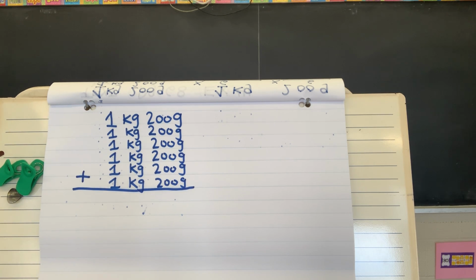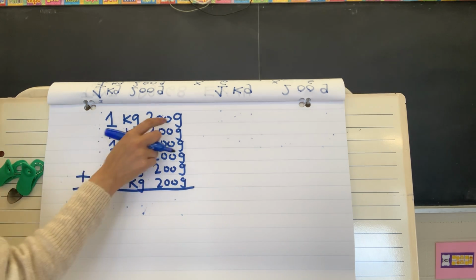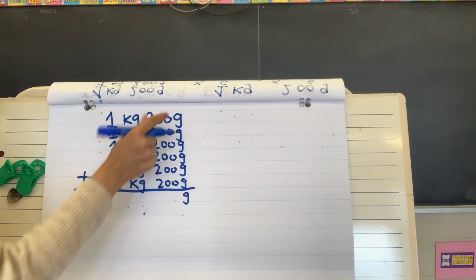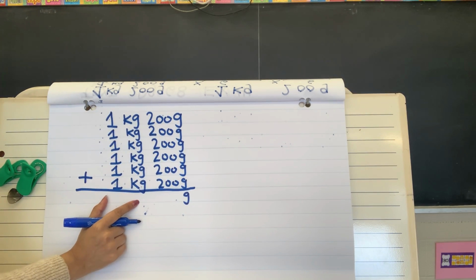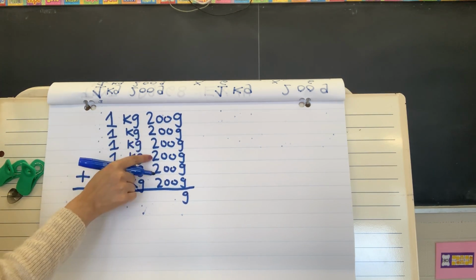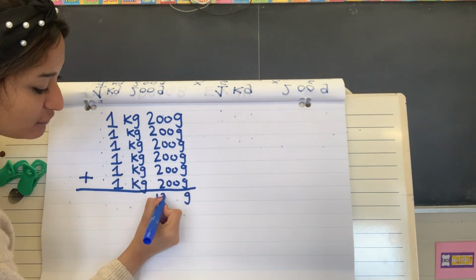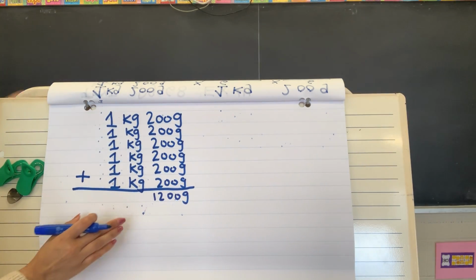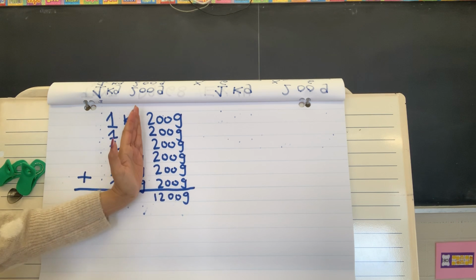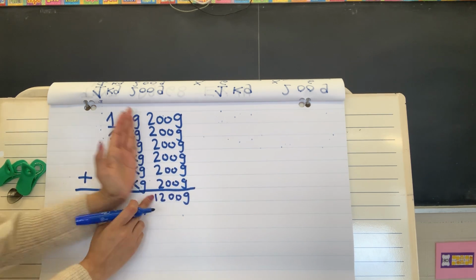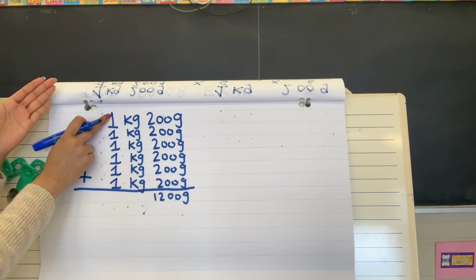Okay, so now I'm going to add my grams separate and my kilograms separate. So 2, 4, 6, 8, 10, 12. I have 1200 grams. In grade 4 normal multiplication, I know I would be writing my 2 here, and I know I will be carrying my 1 over here.